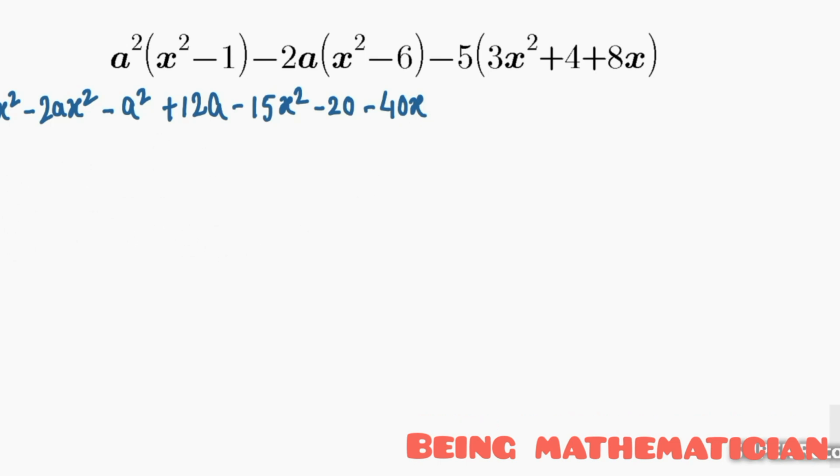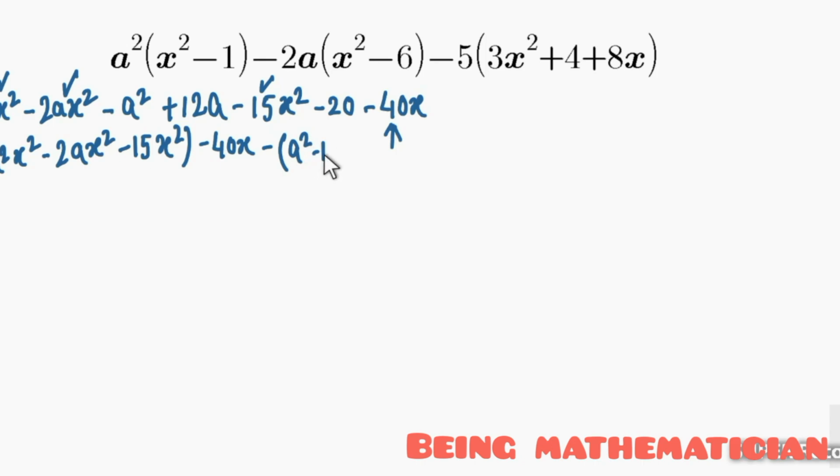Now we group the x² terms within a bracket, that is a²x² − 2ax² − 15x², then the 40x term, and now we form another group, that is a² − 12a + 20.